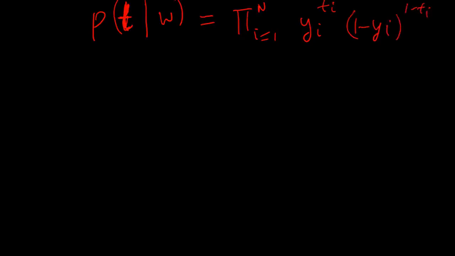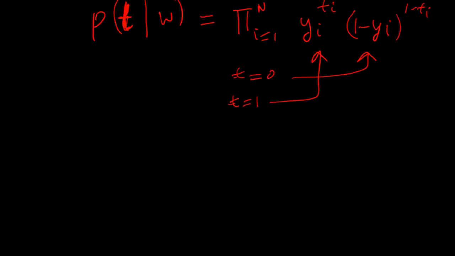What does this mean? When t is equal to 0, only the 1 minus yi term will matter. When t is equal to 1, only yi will matter.